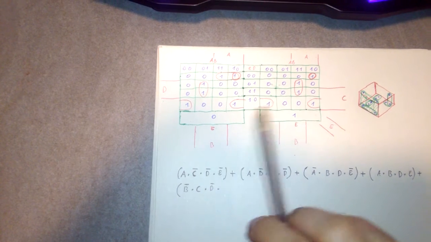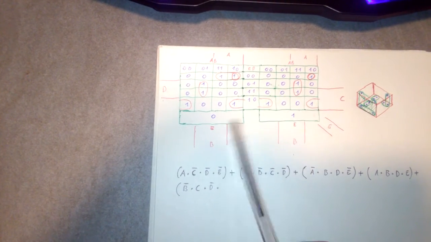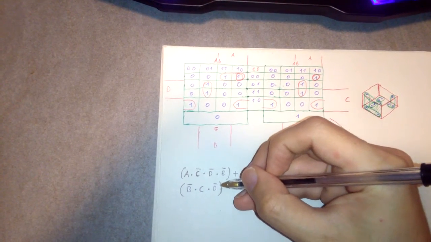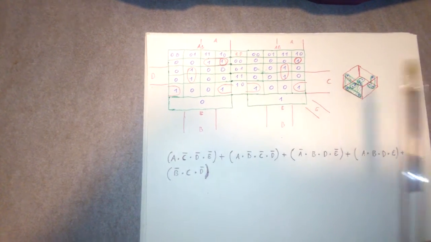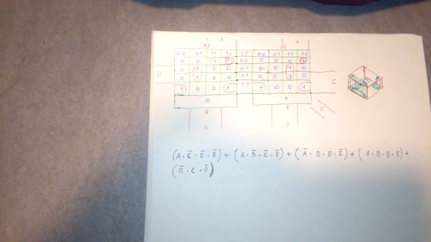And we're not going to have anything else because it's half inside and half outside of E, because it's on two planes. So we're going to have this. And this one is our final expression for this K-map.